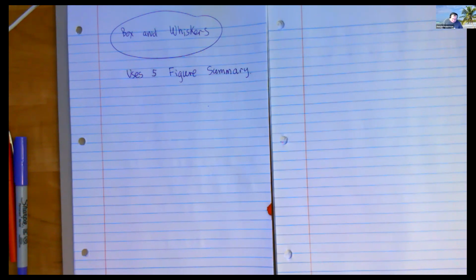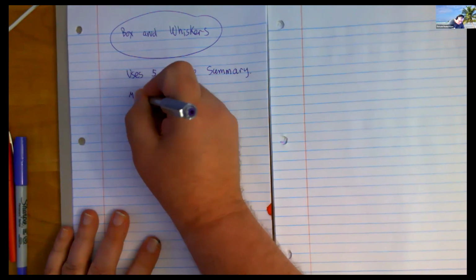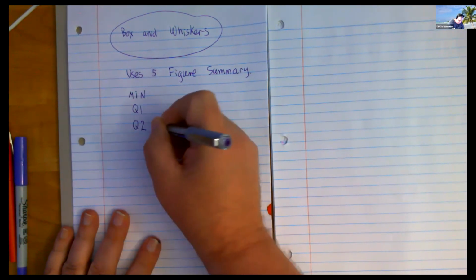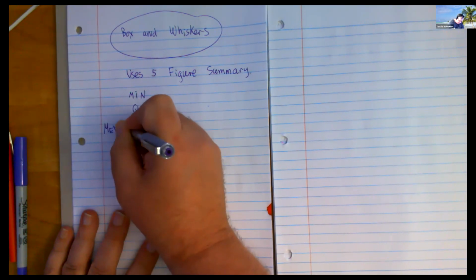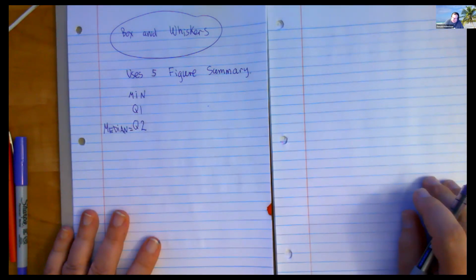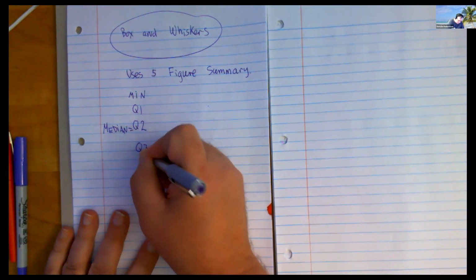The 5-figure summary is the minimum, Q1, Q2, which, by the way, Q2 is just another name for the median, just in case you look at a textbook and you see it's called Q2. Q2 is the median, and Q3, and then the maximum.